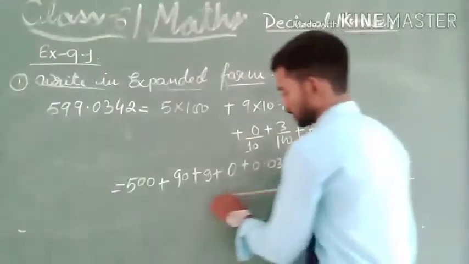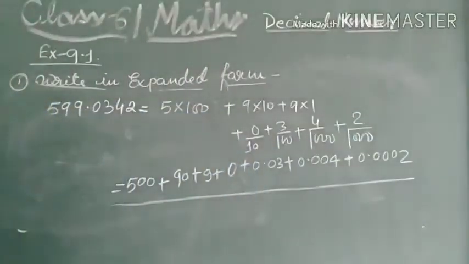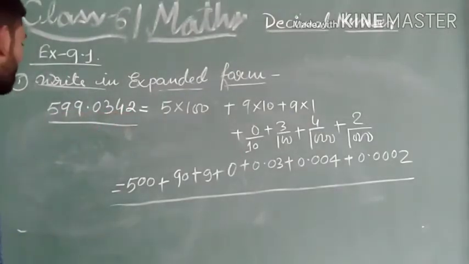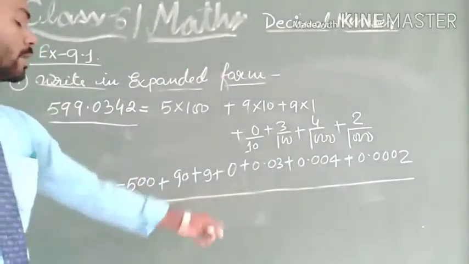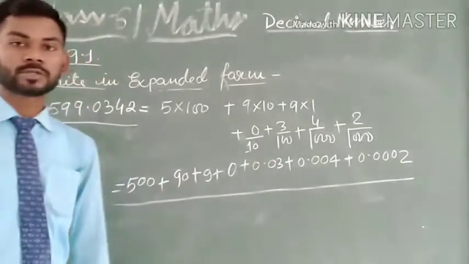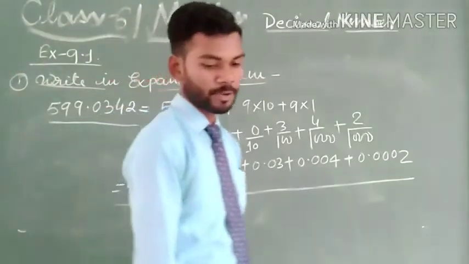So this is our required result, that is, we have written the number 599.0342 into the expanded form listed here. Okay students, so I hope it is clear to everyone.